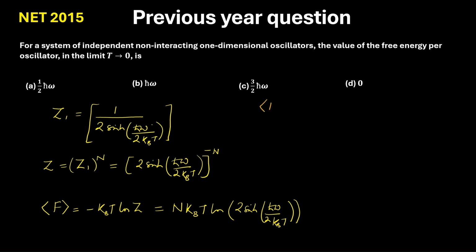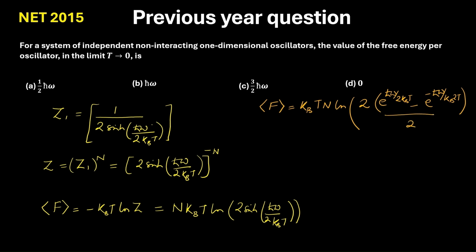So F is equal to n kBT log of 2 into e to the power h bar omega / 2 kBT minus e to the power minus h bar omega / 2 kBT, and here we'll have a factor of 2, so the 2 cancels out.